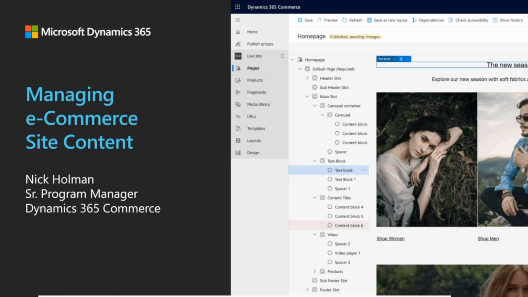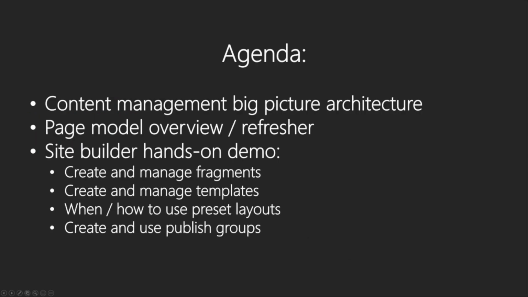Like Nina said, today we're going to be walking through some techniques and concepts around managing your e-commerce site content within Dynamics 365 Commerce. So let's take a look at our agenda today. We're first going to take a look at the big picture of where this site content is authored within Commerce.